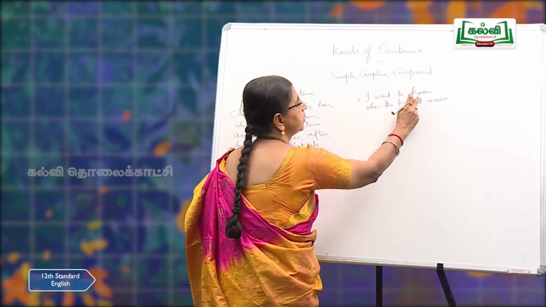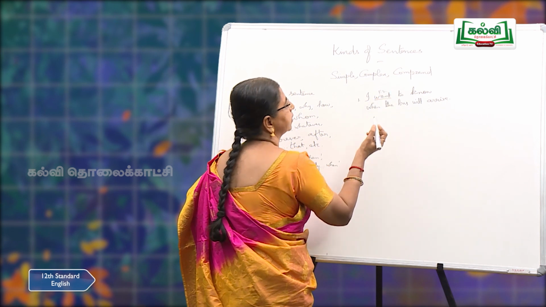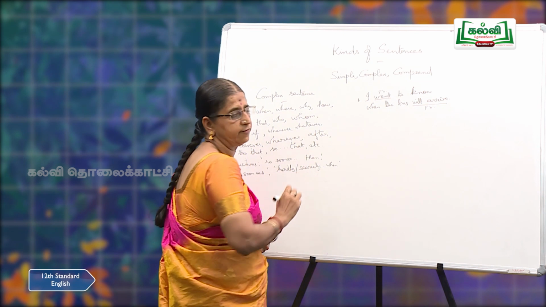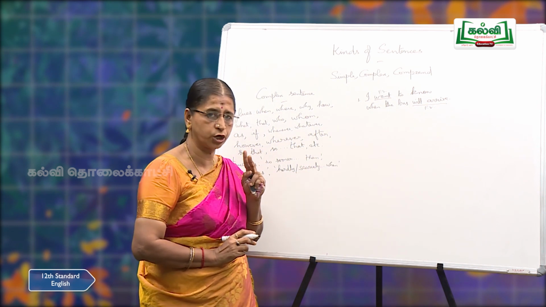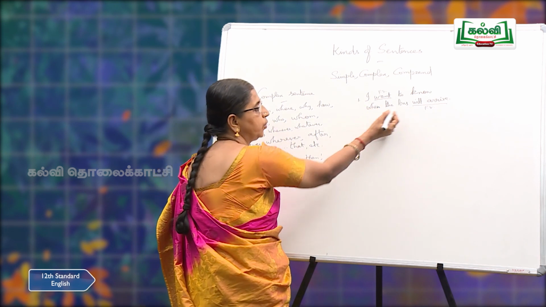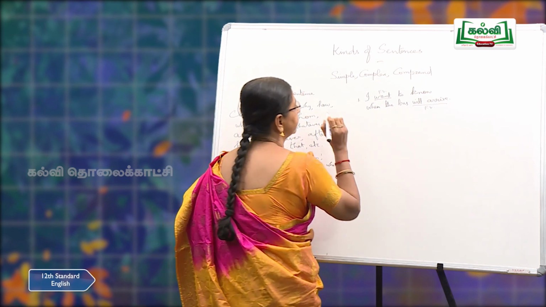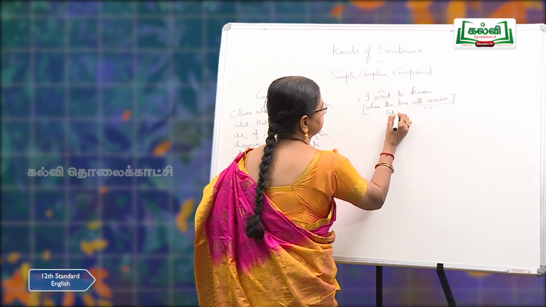Here there are 2 verbs, not infinitives. Want is one finite verb. Then will arrive, auxiliary plus main verb, together they form a unit. So that is another finite verb. You got 2 clauses. Which is the clause marker? When. Now look at the words that follow the clause marker: when the bus will arrive. So this happens to be your subordinate clause.